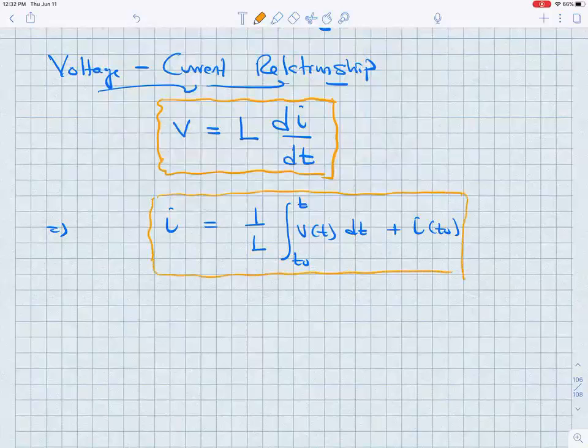So that is the current-voltage relationship. For the voltage, we differentiate the current, and for the current, we integrate the voltage.